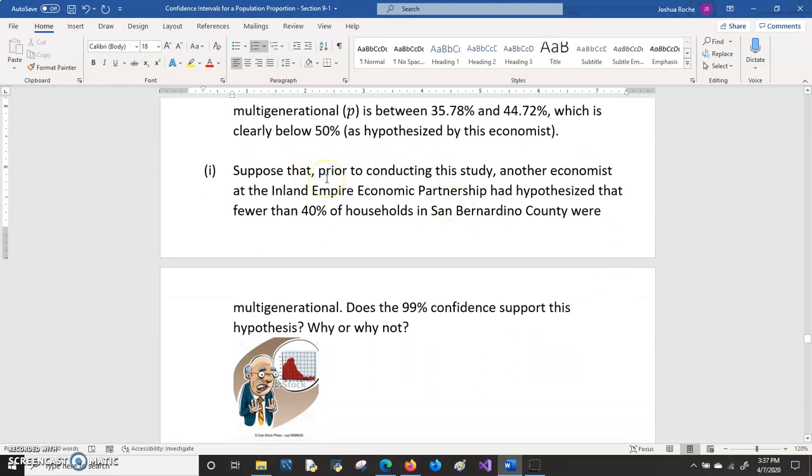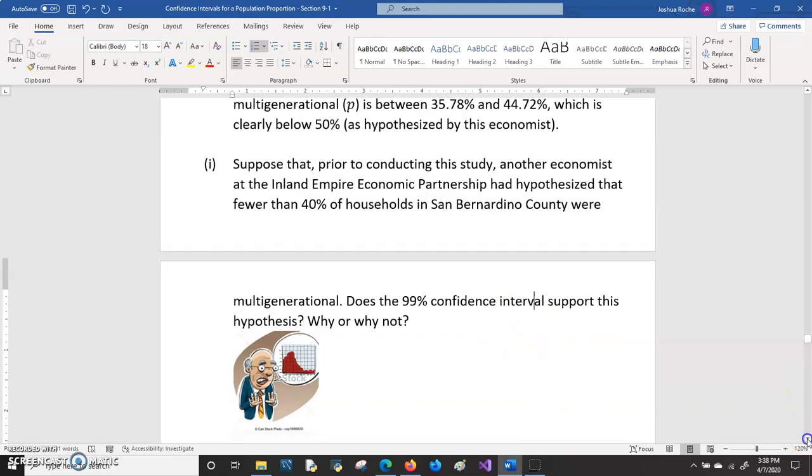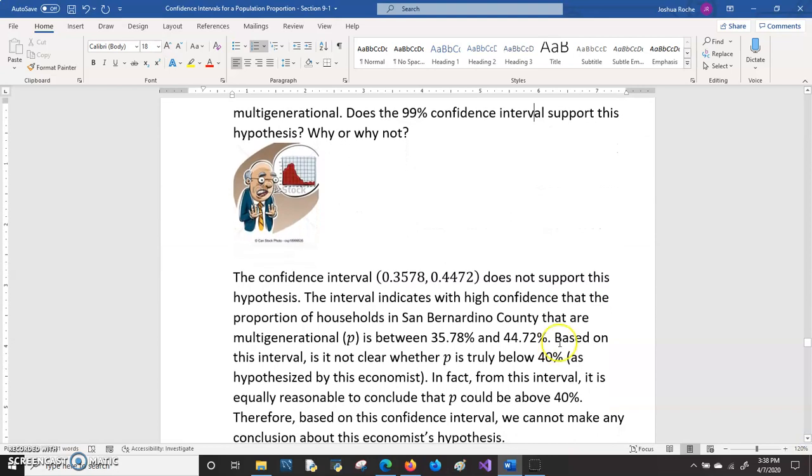In Part I, it says, suppose that, prior to conducting this study, another economist at the Inland Empire Economic Partnership hypothesized that fewer than 40% of households in San Bernardino County were multi-generational. Does the 99% confidence interval support this hypothesis? And why or why not? This was the confidence interval, but this interval would not support this hypothesis, because from this interval it's not clear whether P is less than 40% or more than 40%.